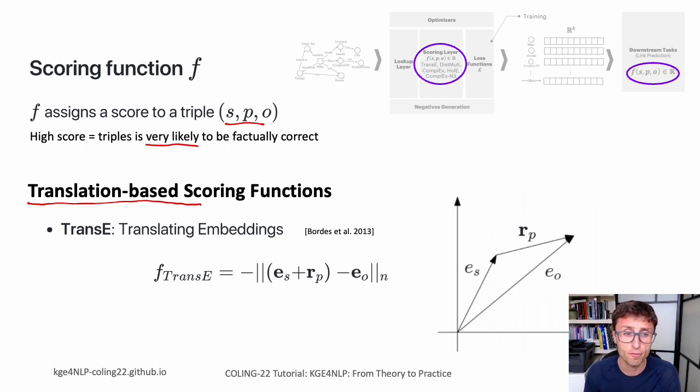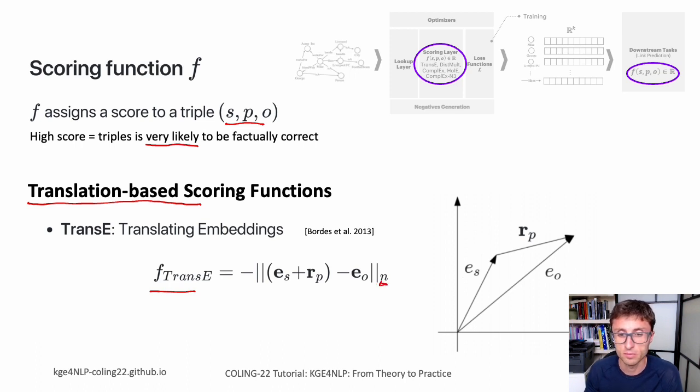This is a fairly famous knowledge graph embedding model that works as follows. The method includes the scoring function that I described here, and it is fundamentally a computation of a distance.